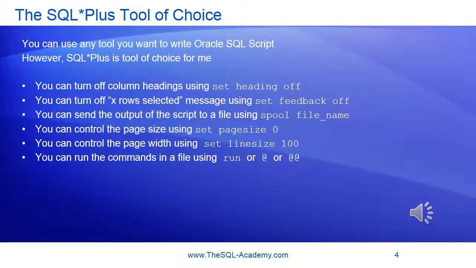You can turn off the message at the bottom saying X number of rows selected using set feedback off. We can send the output of our script to a file using the spool file name command. You can control the page size using set pagesize 0 so that column headings don't get repeated. You can also control the page width using set linesize, for example 100 or however you want.